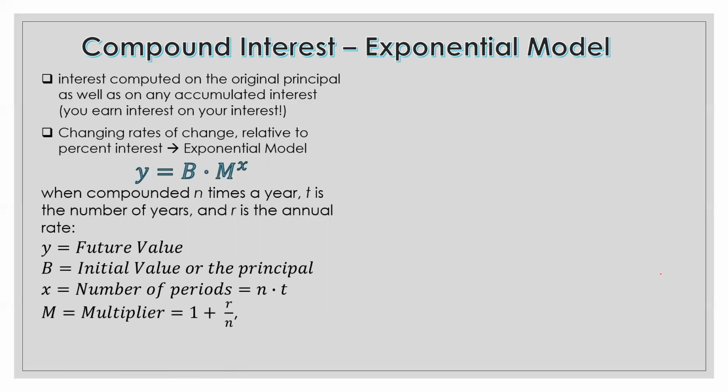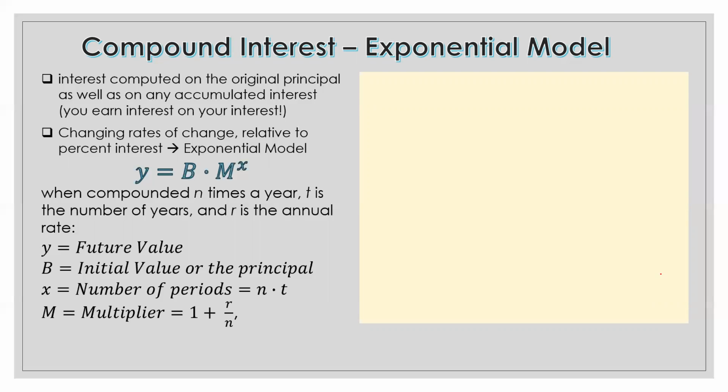And the multiplier M is the original 100% plus the quarterly or monthly interest rate, which would be the rate divided by how many times you are compounding. In the previous example, that would be the rate divided by 4 because it's quarterly. If it's monthly, it would be rate divided by 12.